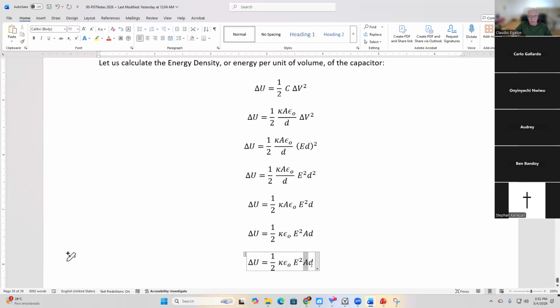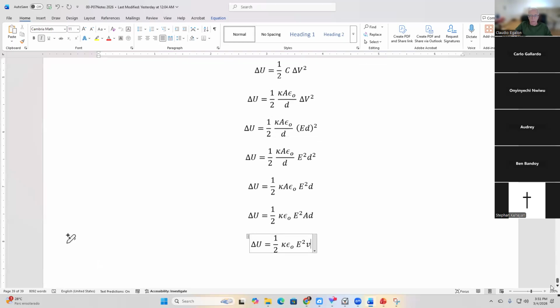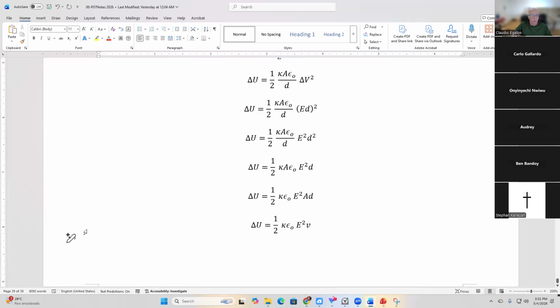I'm going to put V here, lowercase v for volume. And then we end up with the simple equation: delta U over V is half kappa epsilon naught E squared.